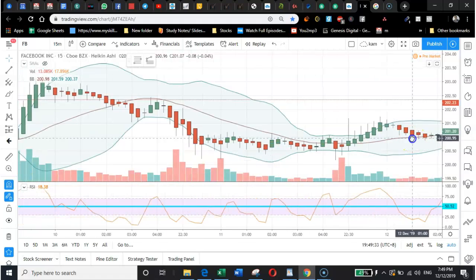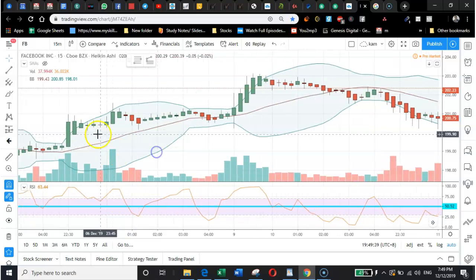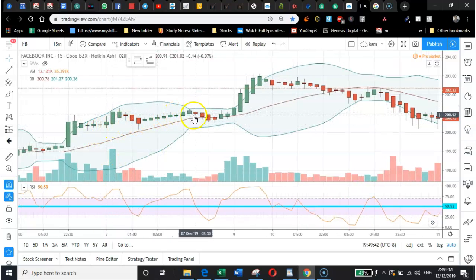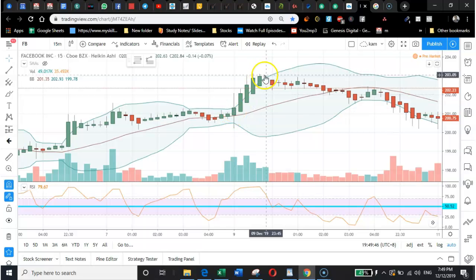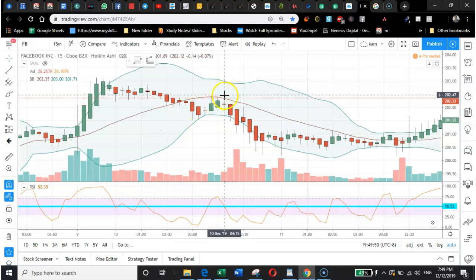But when the channel is very broad, like you see here, then you do not know. So you see here the price went up, rejected, it went into a construction channel, and then it flew off from there, right? So every time there is a construction, the price will either go down or it will go up, right? So this is how we read Bollinger Band.